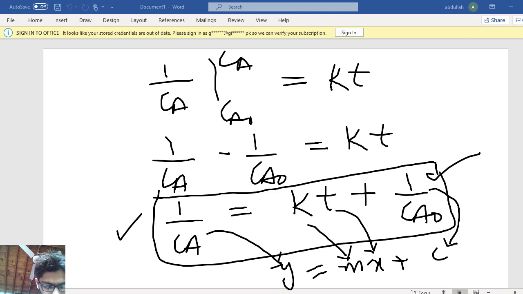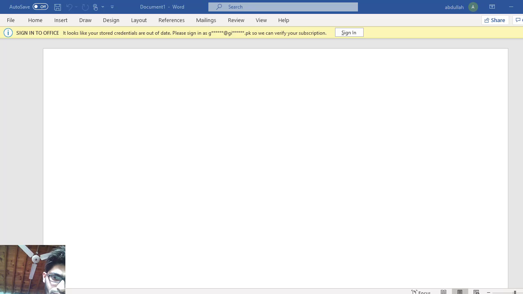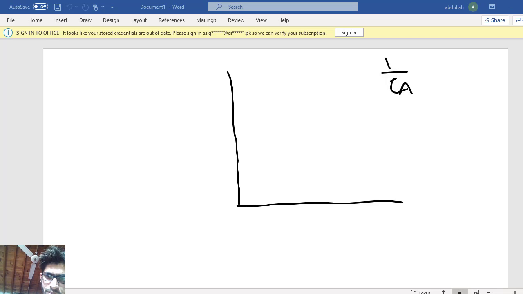So we can also write it in graphical form. The relation was 1 over C_A equals kt plus 1 over C_A naught.